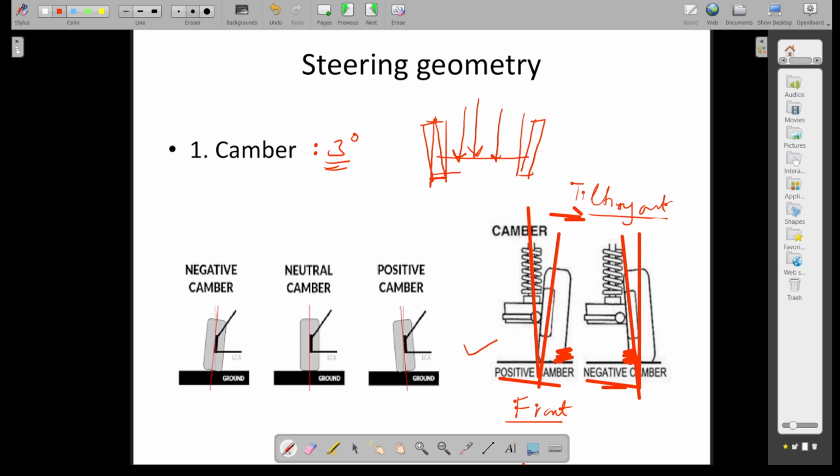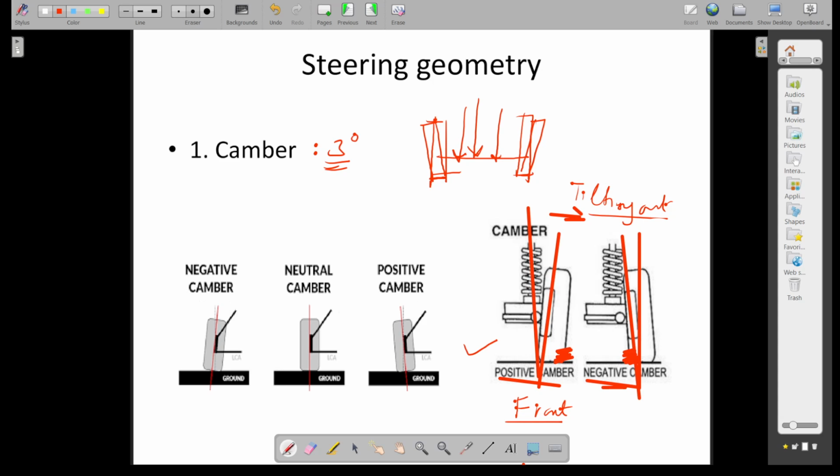They straighten out. If you are not giving camber, there would be negative camber then. So positive camber is desirable to take the loads. When we are giving the loads, the positive camber occurs.